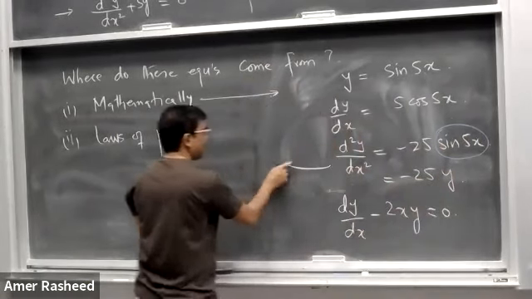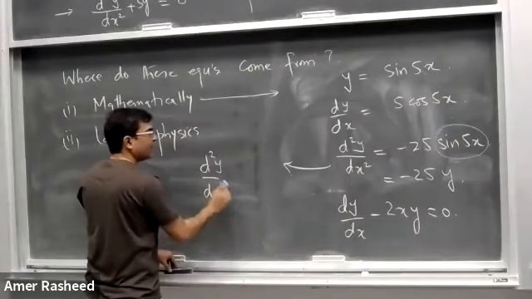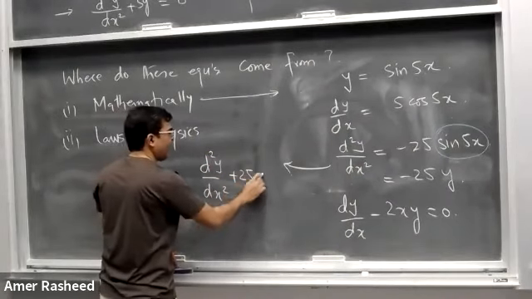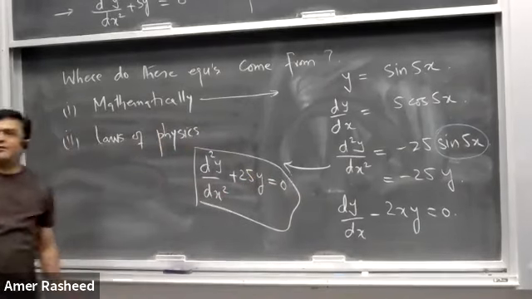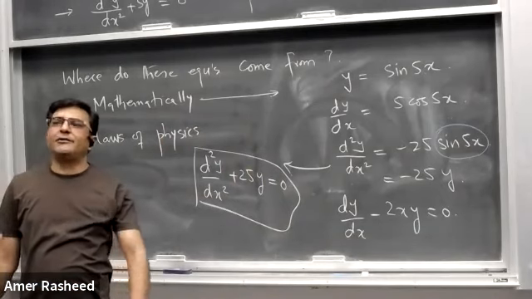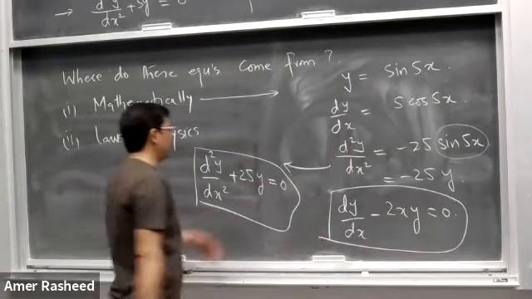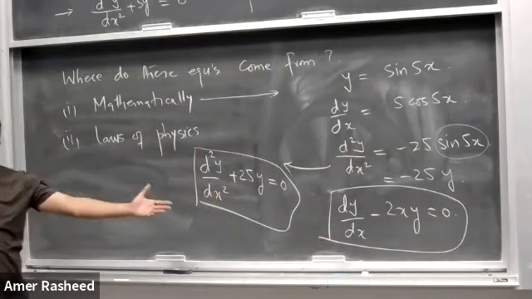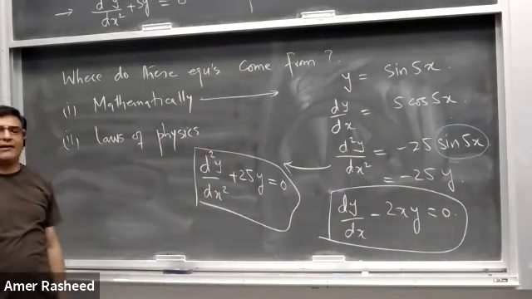And from here, I can write d square y by dx square plus 25y equal to 0. So what is this? This is a differential equation because it involves the derivatives of y with respect to x, the second derivative in fact.